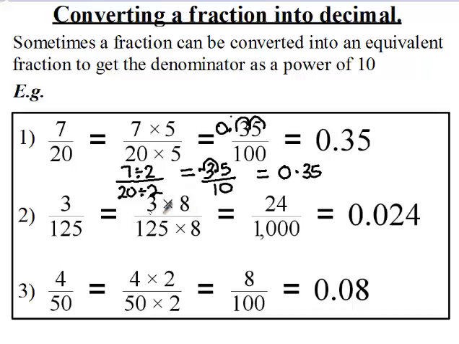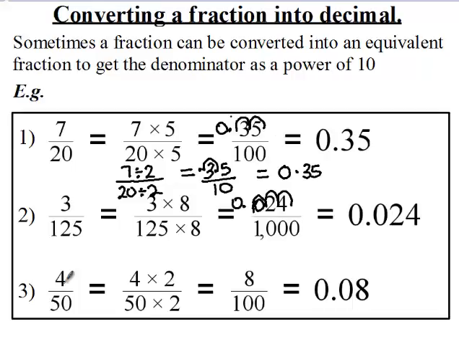So 3 times 8 is 24. 125 times 8 is 1000. Therefore, 3 zeros. So we have 1, 2, 3. Point here. 0, 0. Then the value becomes 0.024.